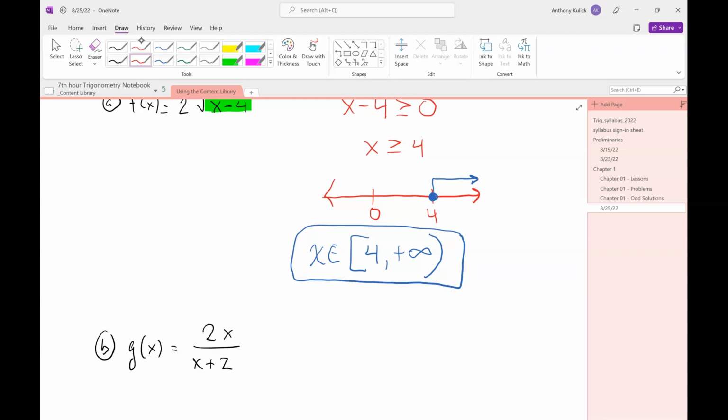A fraction is the same as division. So if we can't divide by 0, we know that that part in the denominator cannot be 0. And again, this is my implied domain that we're doing here. Everybody's okay with that?